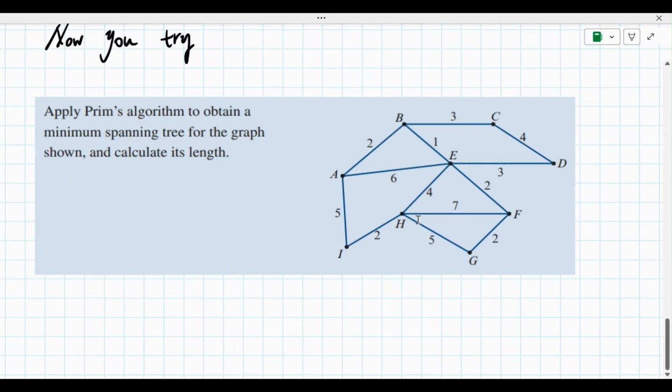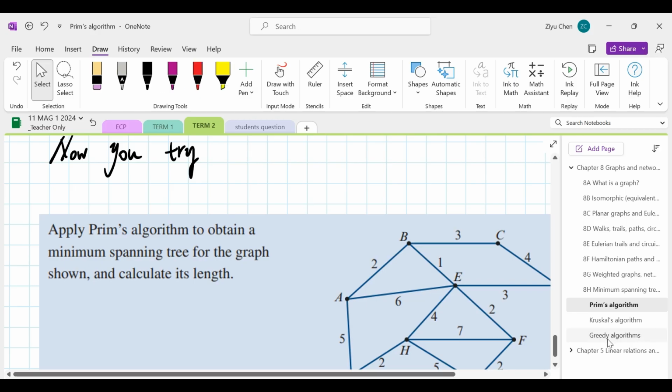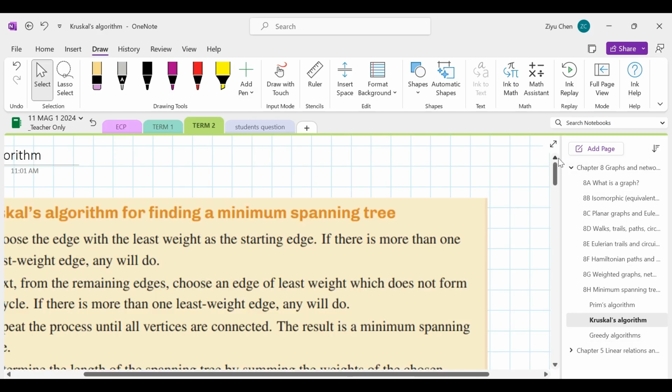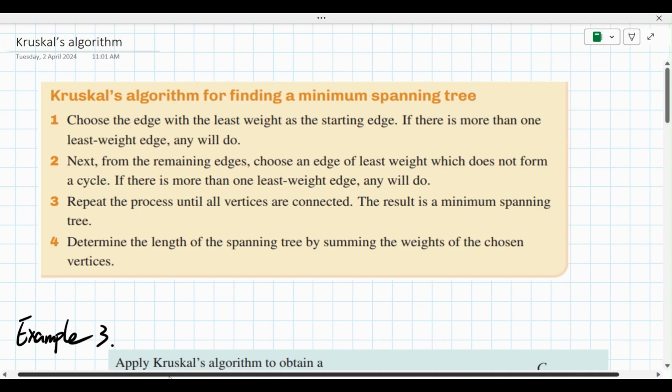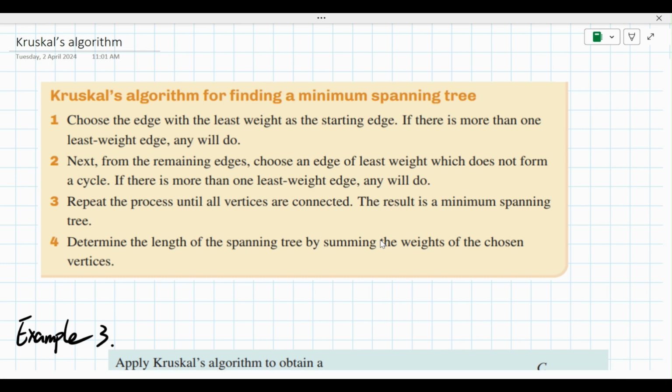Now you can try this, and we can definitely try it during the class as well. But let's move on to the next part. I'm gonna talk about Kruskal's algorithm. What is Kruskal's algorithm for finding the minimum spanning tree? Let's talk about it in 4 steps.